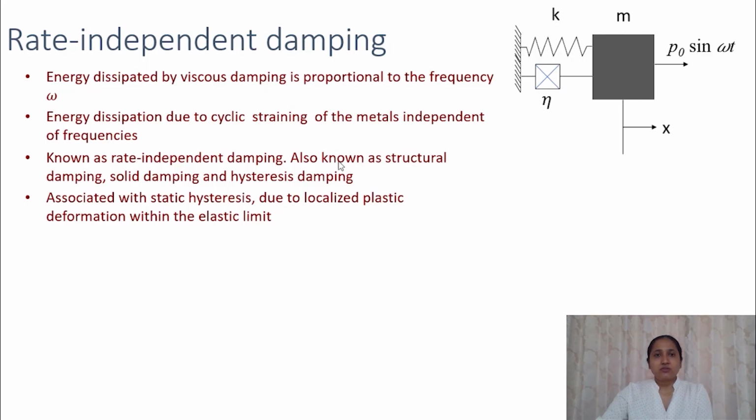Because of this mechanism, the damping is called rate independent damping. The damping force in this case is modeled as eta k by omega, where omega is the forcing frequency, and it is proportional to the velocity of the single degree of freedom system. This eta is the measure of the damping in this system.